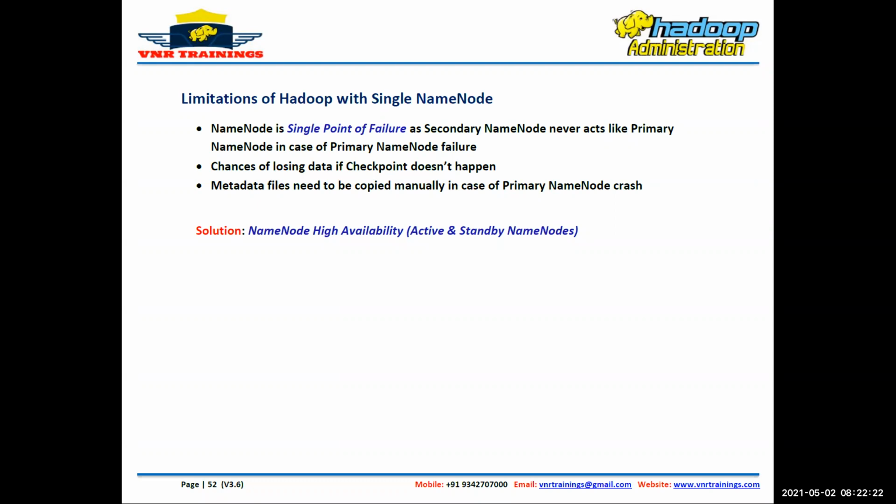So, active and standby NameNodes. What do you mean by active and standby NameNodes? In your cluster, you will have two NameNodes. One is the active NameNode, the other one is the standby NameNode. If the active NameNode is down, the standby NameNode will become active and take care of the work. Understand?